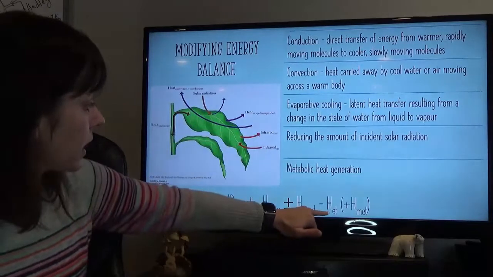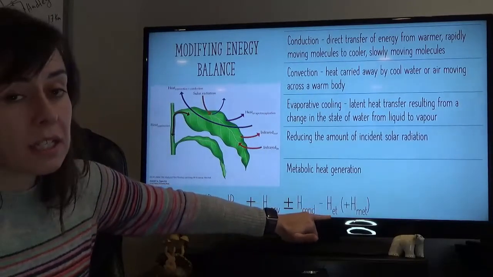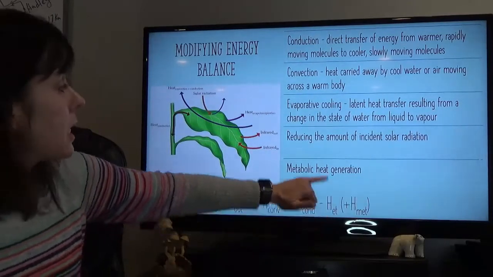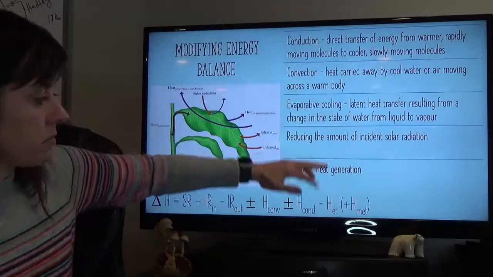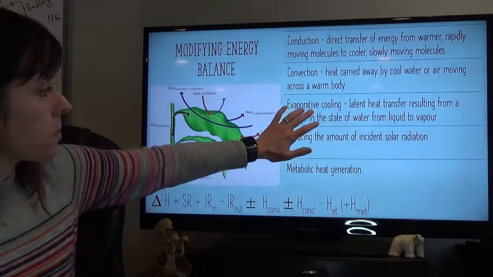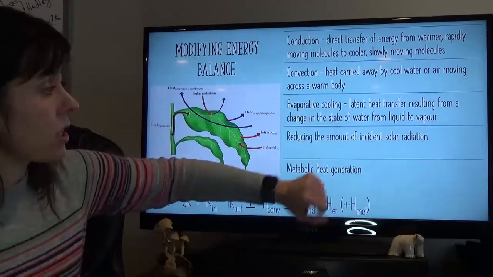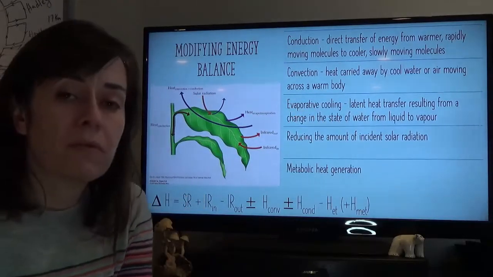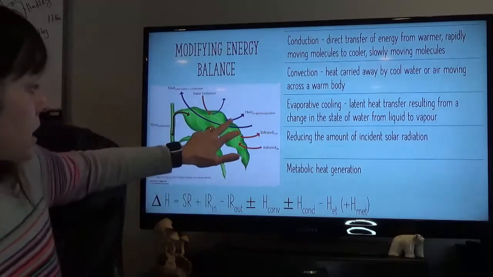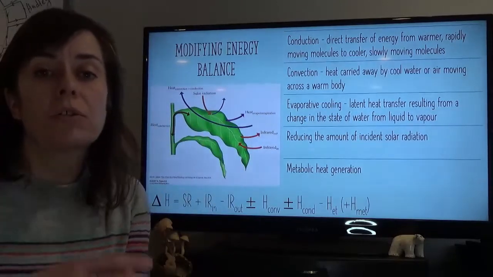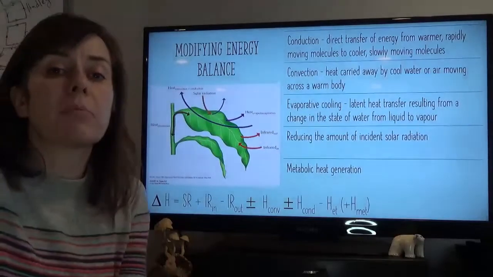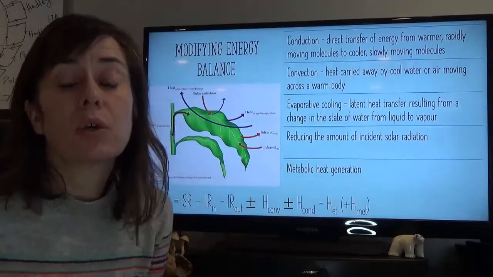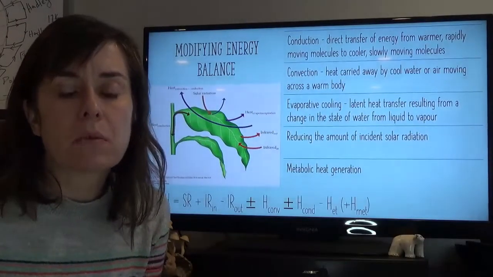And then finally, in the context of plants, and this is also one for animals, we have evaporative cooling, so latent heat transfer resulting from the change in state of water from liquid to vapor. When we're thinking about plants, this is transpiration, so stomates opening and water evaporating from those leaf surfaces, cooling the leaf as the water is carried away.